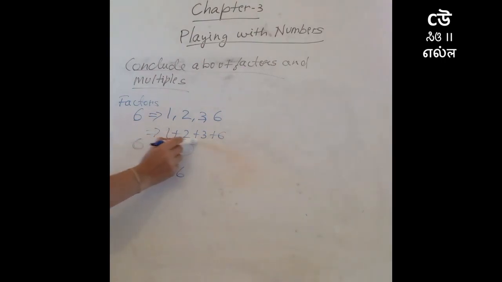So if we add all the factors, we'll get 12. We have 6, so if we double 6, what will we get as the answer? We'll get 12. So the sum of the factors is always twice the given number. Okay.